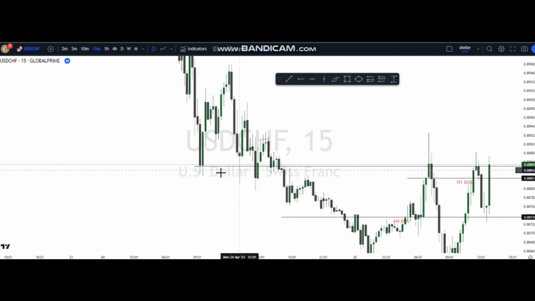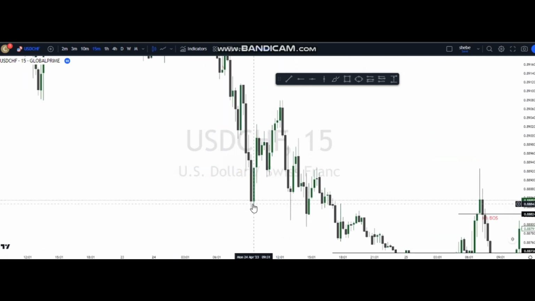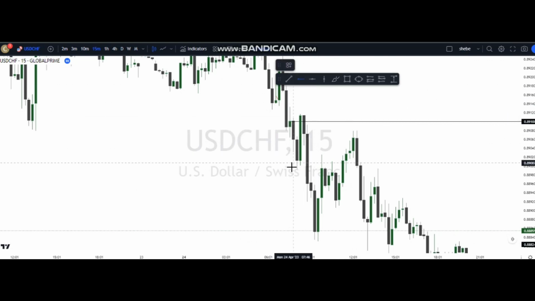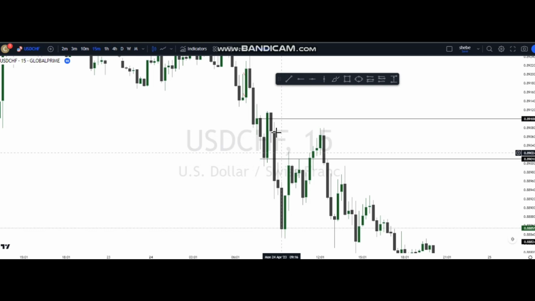What next? We just continue to find the precise point for us. Then we continue. This was low, this was high, this was low, this was high. Then there was a break, as you see here. This break makes us see this one as a valid break. Why? When the price came to close, there is no wick. The same applies here. It is more than a pip.